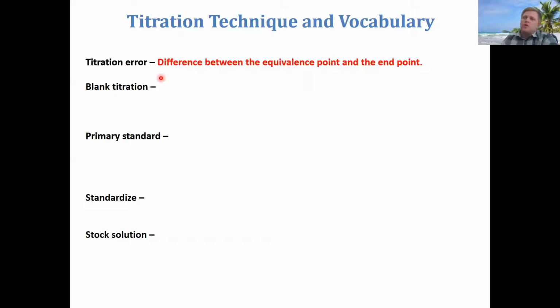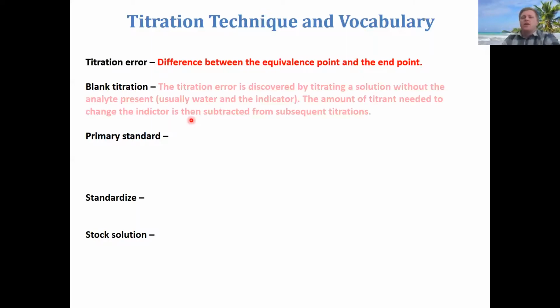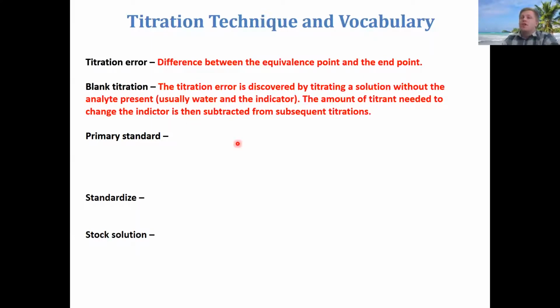So the way that you determine your titration error is with what we call a blank titration. In a blank titration, the titration error is discovered by titrating a solution without the analyte present. So usually that's just water and indicator, unless you have other species in there. So let's say you're trying to figure out your concentration of acetic acid in salt water, then you would just use blank salt water or a sample that's built to look a lot like salt water.